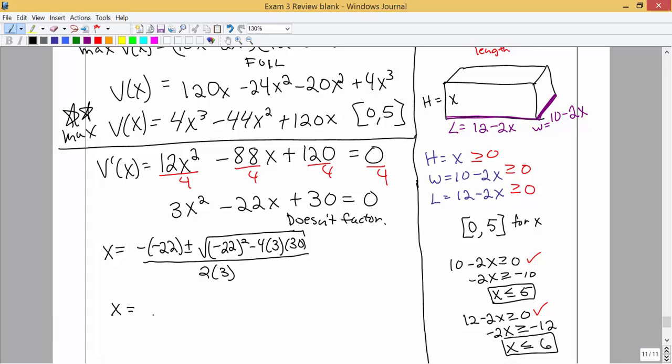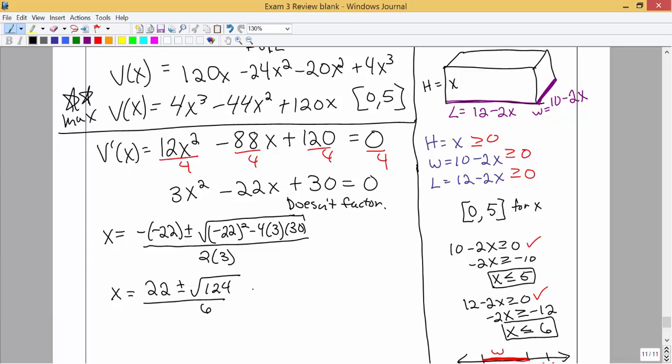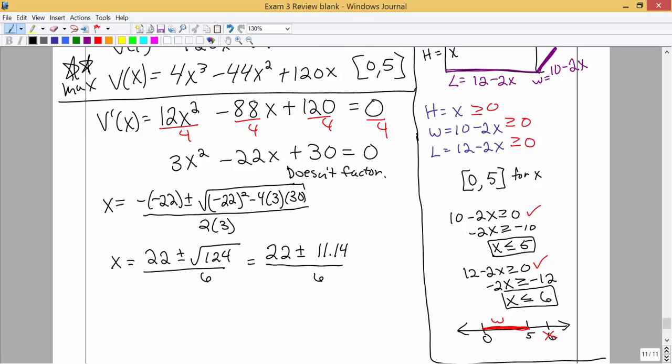We end up getting x is equal to 22 plus or minus the square root of 124 divided by 6. And we'll go ahead and take the square root of 124, we'll round to the nearest 2 decimal places there, so that would be 11.14 divided by 6. We separate with the plus and the minus, and we end up getting 2 x values. We end up getting 5.52 for one of them, and then for the other one we ended up getting 1.18.